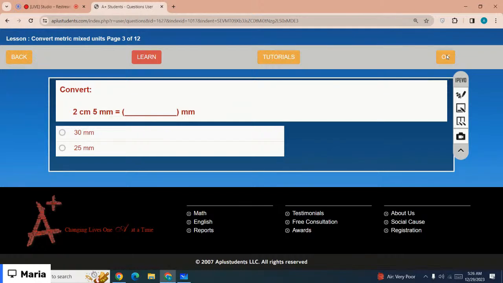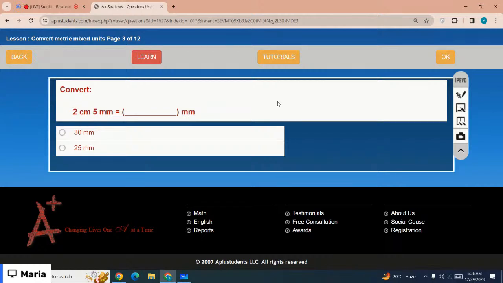Okay, the next one is 2 centimeter and 5 millimeters, which is the correct option? 2 centimeter 5 millimeter equal 25 millimeters.